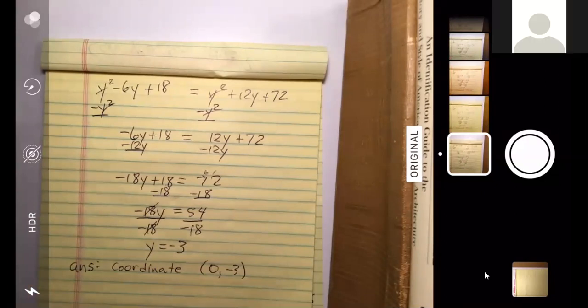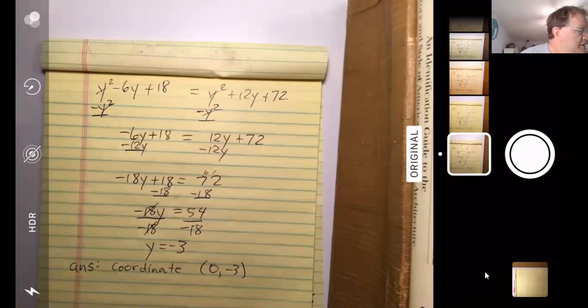Hi. Yes. I have a question about number 69 for the exercises for finding x and y intercepts of circles. What page is that? I don't know, because it doesn't say on there. Maybe 1.2, number 69. I can read you the problem if you want.